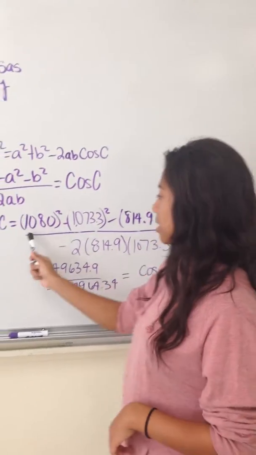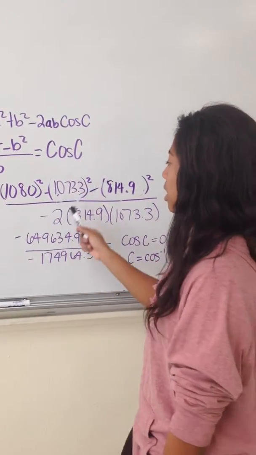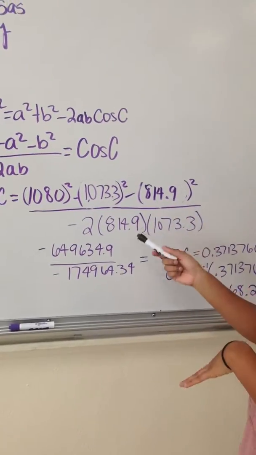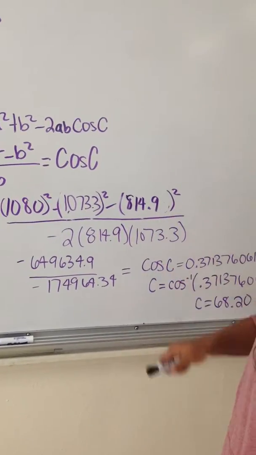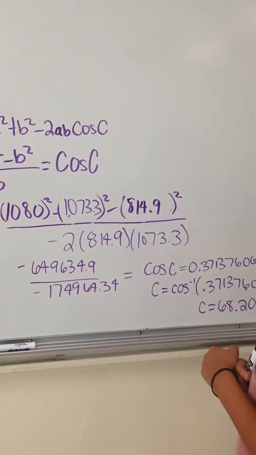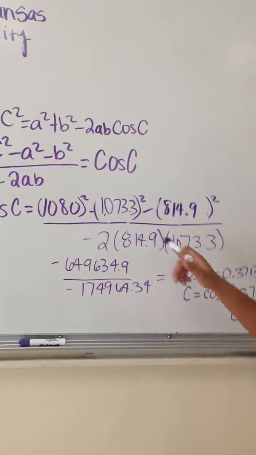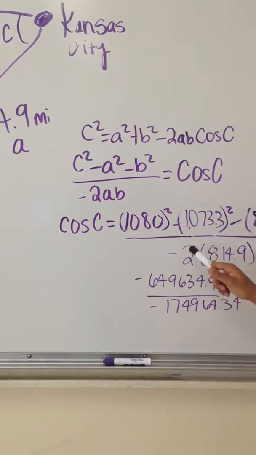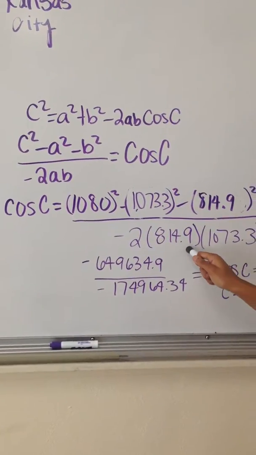C squared is 1080 squared, then b squared is 1073.3 squared, and then minus a squared, which was 804.9 squared. And then I divided by that part of the formula, so negative 2, and then a and b.